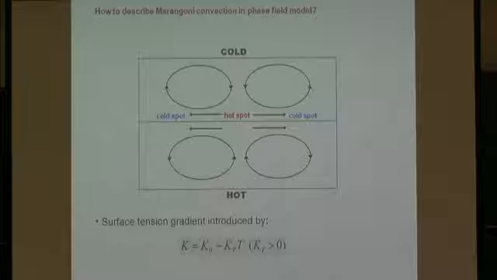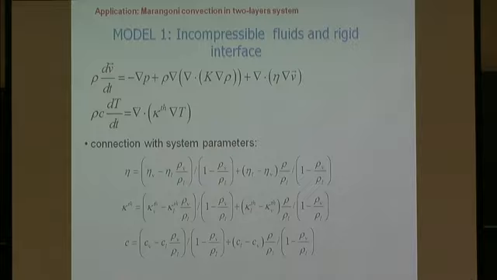Okay, so we assume in our model that the K depends on the temperature. We need an equation for the temperature. We'll take a second equation, the heat equation, the energy conservation. And we started here with our simplest model for incompressible fluids.